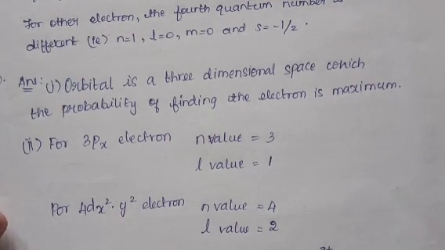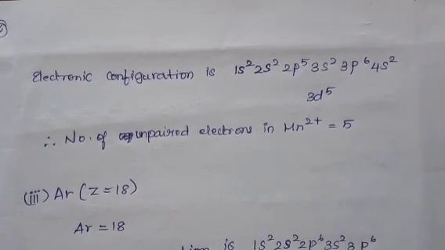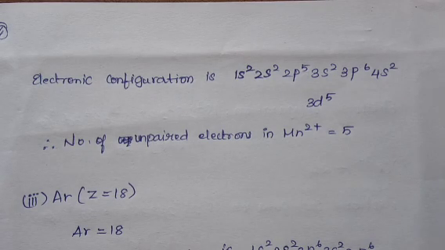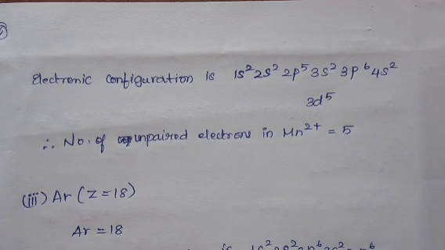Next, sixth one, give the electronic configuration of Mn2+ and Cr3+. So this is the electronic configuration of Mn2+.